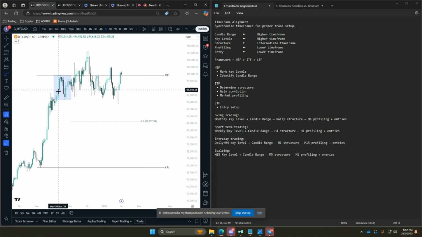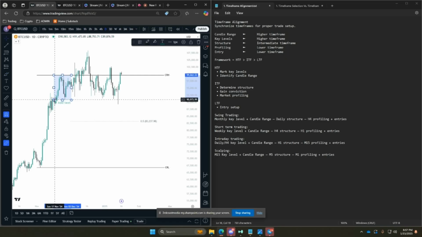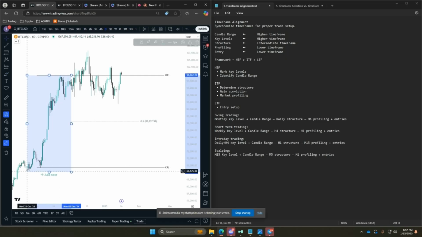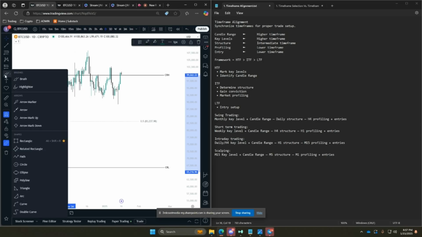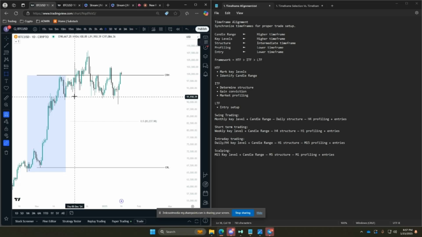So for now, let's say we want to build a profile to get an idea of where we're at. Let's say we have this swing up, right? And then we have this range here.